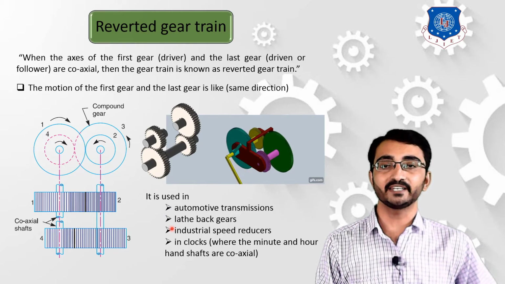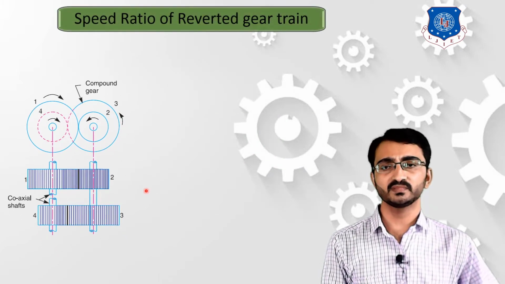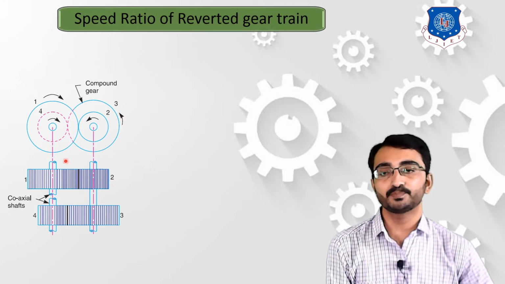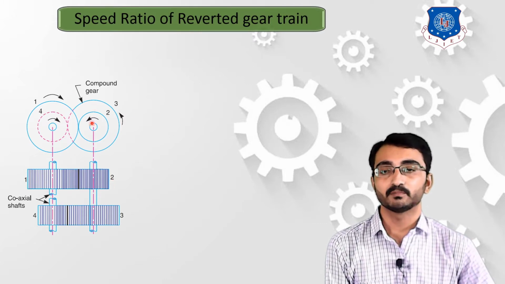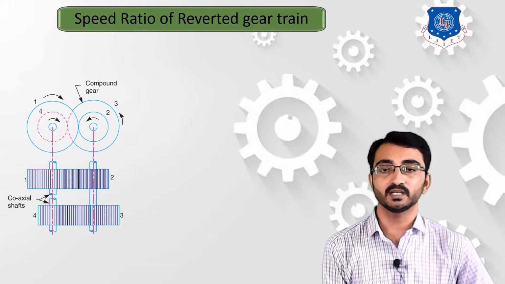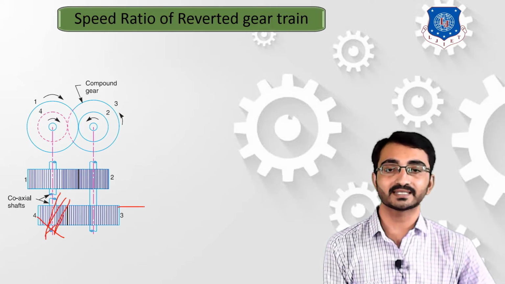So let's identify how we can obtain the speed ratio of reverted gear train. As the diagram shows us, it is a simple type of compound gear, because in a simple compound gear assembly, if we sketch it, then your gear number 4 will be mounted in this direction rather than in that direction.